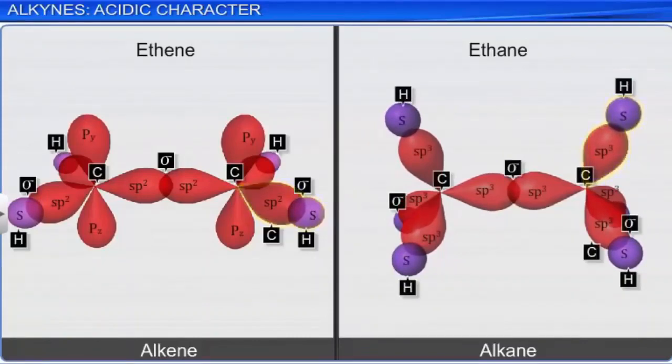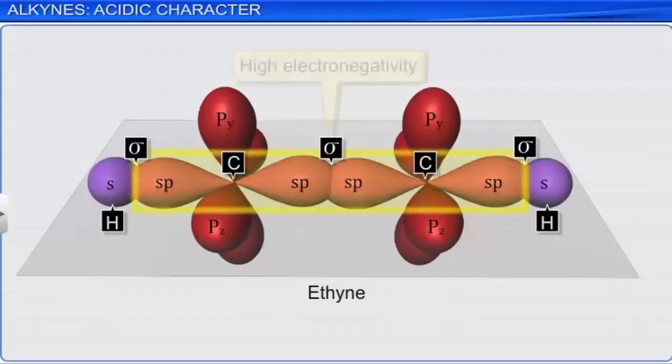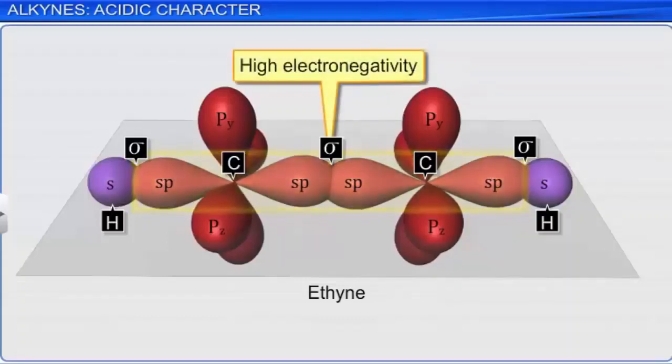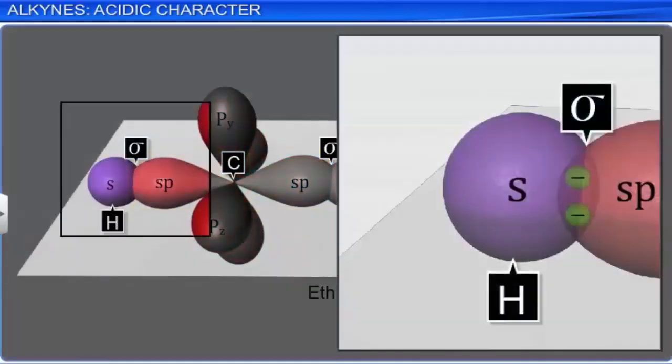The sp hybridized orbitals of carbon atoms in ethyne molecules have 50% s character and hence the highest electronegativity. These electronegative orbitals attract the shared electron pair of the carbon-hydrogen bond towards the carbon of ethyne to a greater extent than the sp2 and sp3 hybridized orbitals of carbon in ethene and ethane.